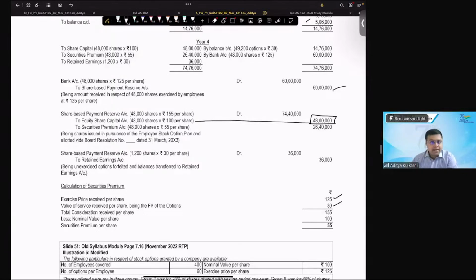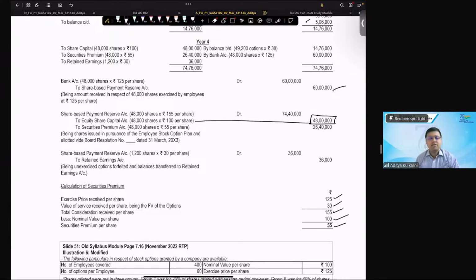But my key point is employees gave cash of 125 plus service for 3 years, the value of which is 30 rupees. Therefore, the total consideration that they have given is 155 per share. Out of 155, nominal value is 100, so the securities premium is 55.